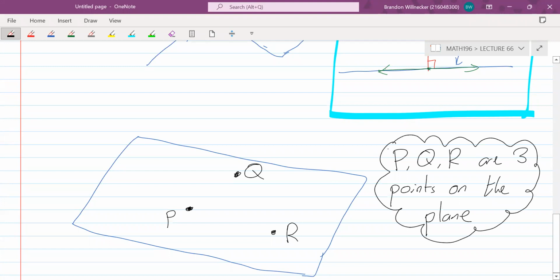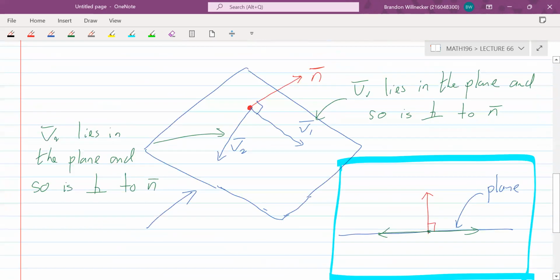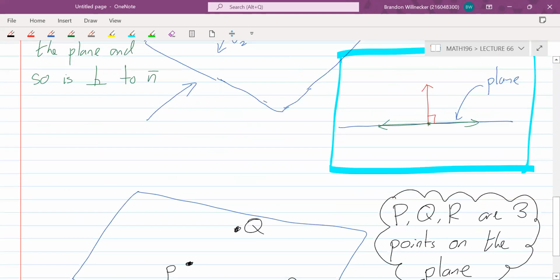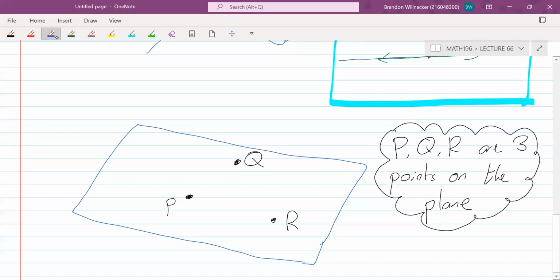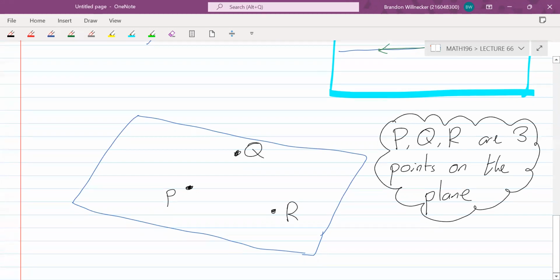Okay, so we're going to use these points to generate 2 vectors that lie on the plane, like we had in this picture here with v1 and v2. So let's do that. We've got these points. We're going to do a similar thing to what we did with the parallelogram and triangle stuff that we did before. We're going to construct two vectors.